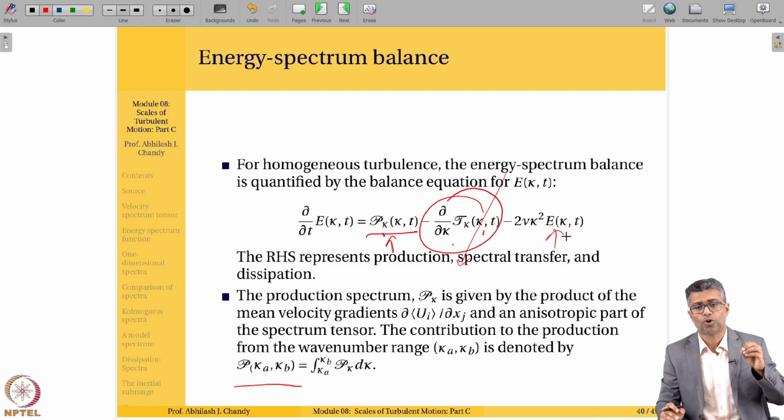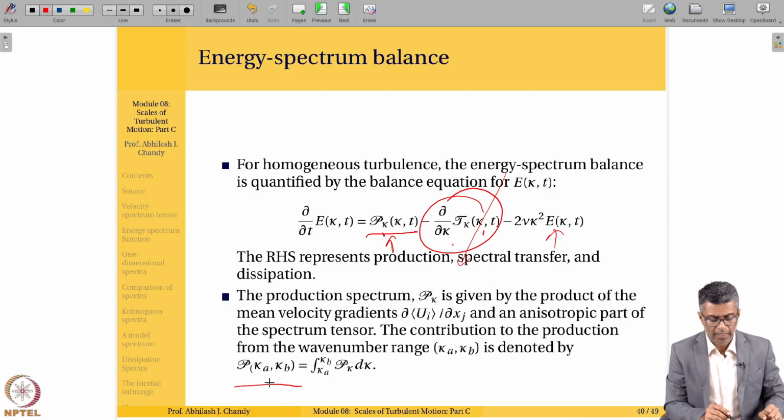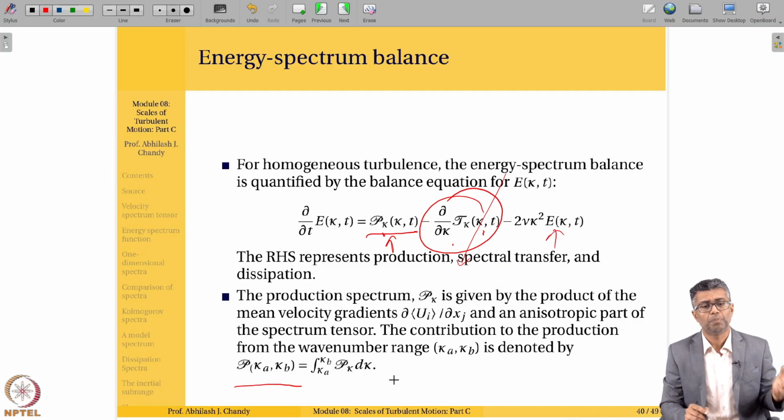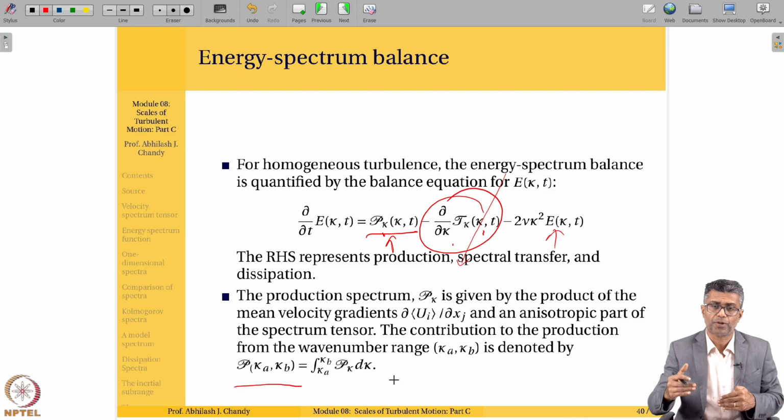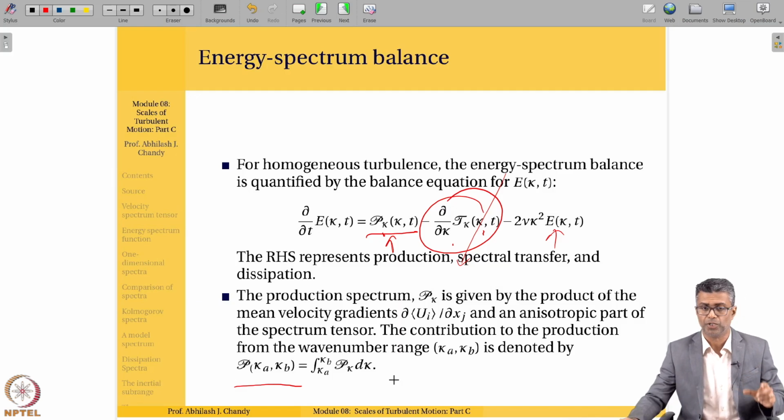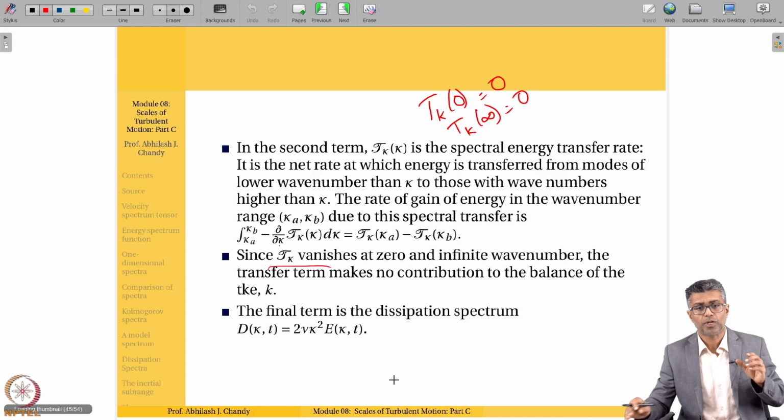So the contribution to the production from the wave number range is denoted by P of kappa A, kappa B, which is the integral from kappa A to kappa B of P of kappa dk. So you are integrating the production spectra over a range of kappa A to kappa B, and that is the contribution to the production in that wave number range. Isn't that clear? Then you have the second term, which is the spectral transfer rate.